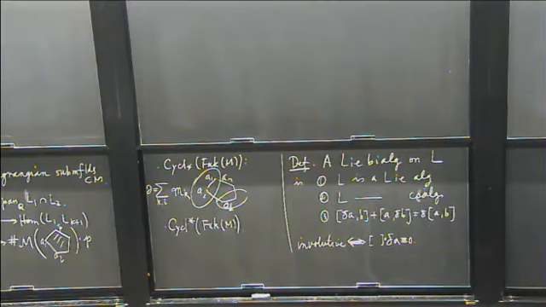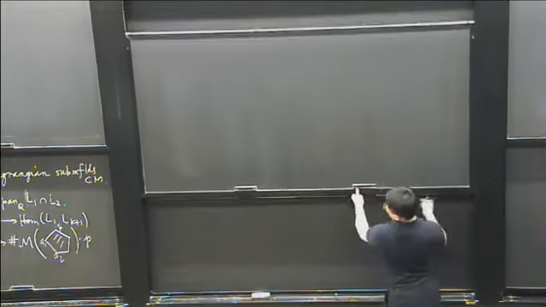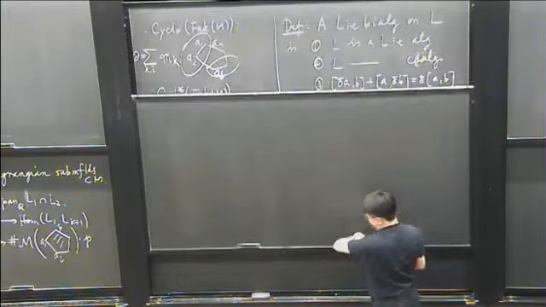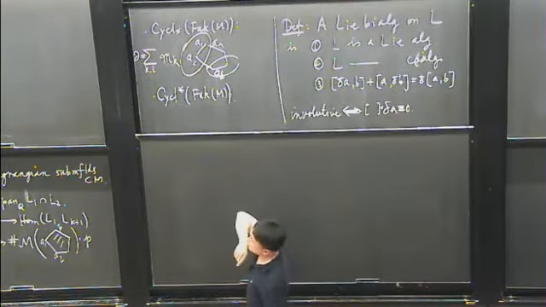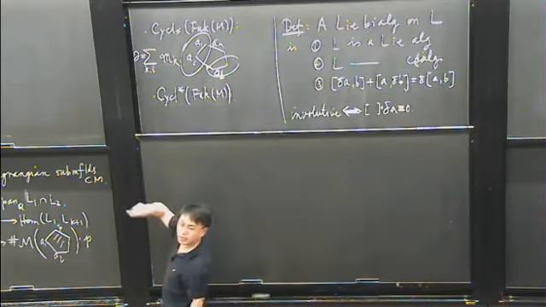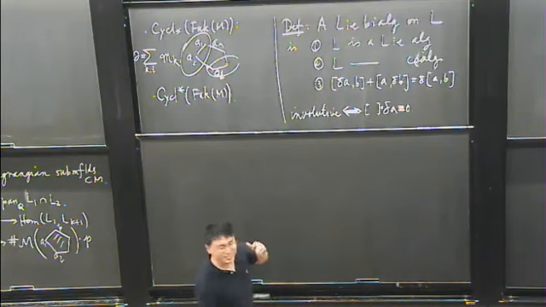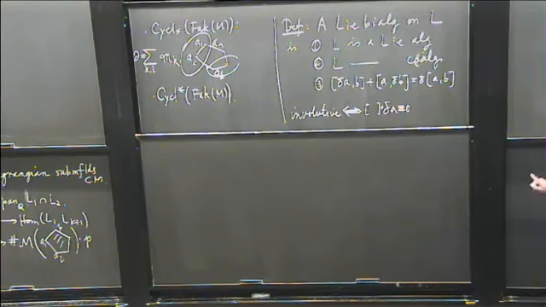Now, what is the Lie bracket on the cyclic Cochin complex of the Fukaya category? More precisely, it's something like this.